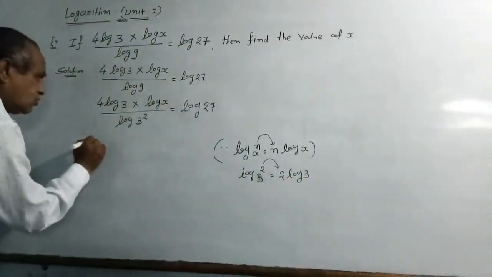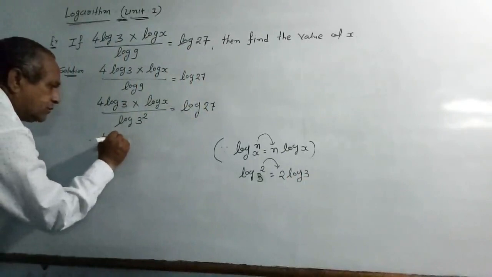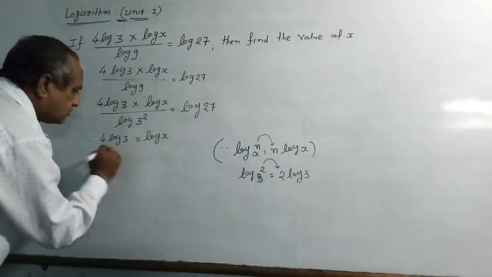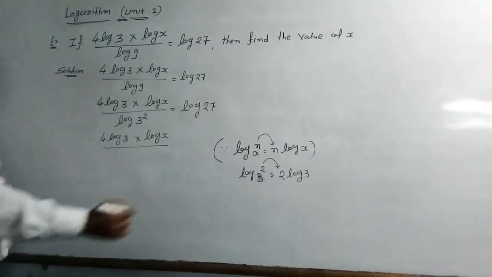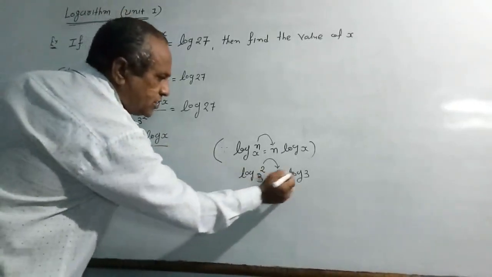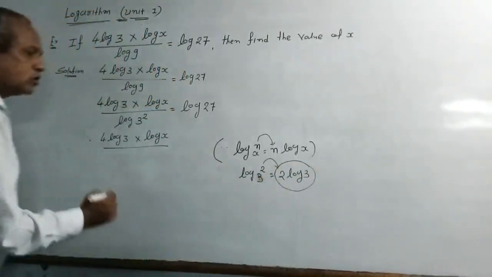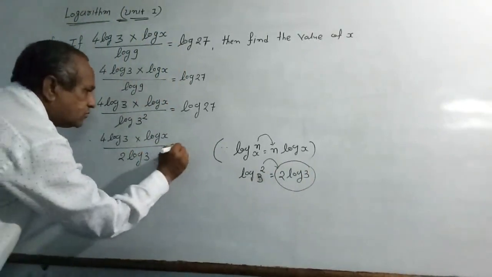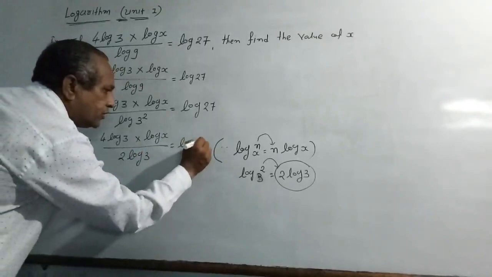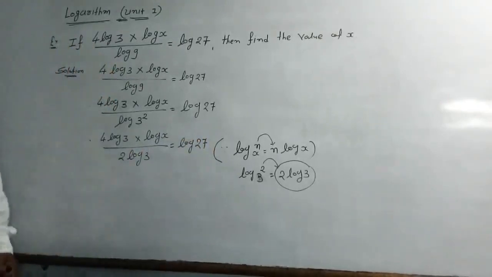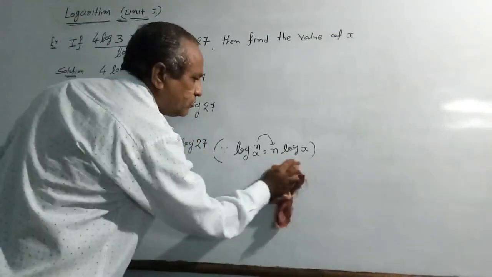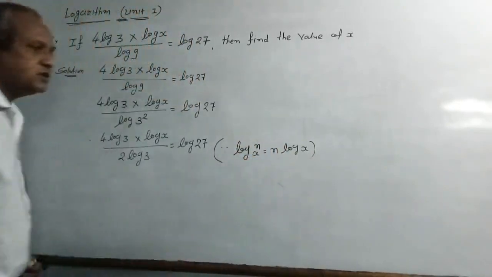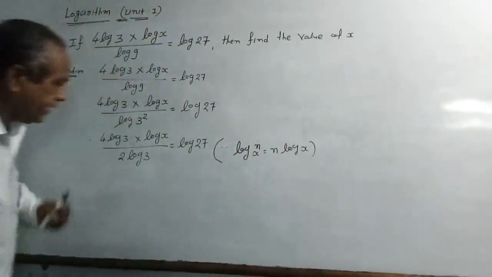So here 4 log 3 multiplied by log x by 2 log 3 is equal to log 27, because log x to the power n is equal to n log x.